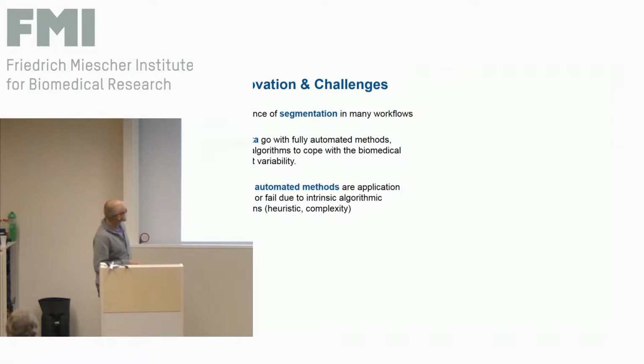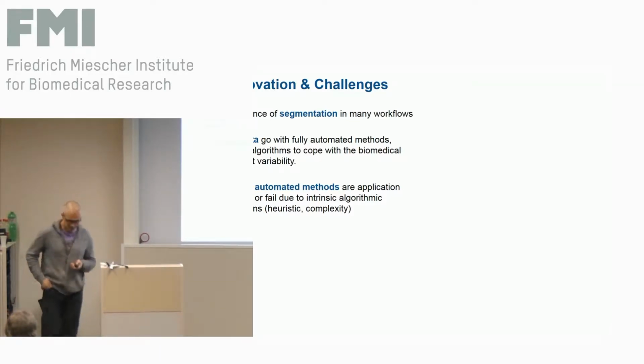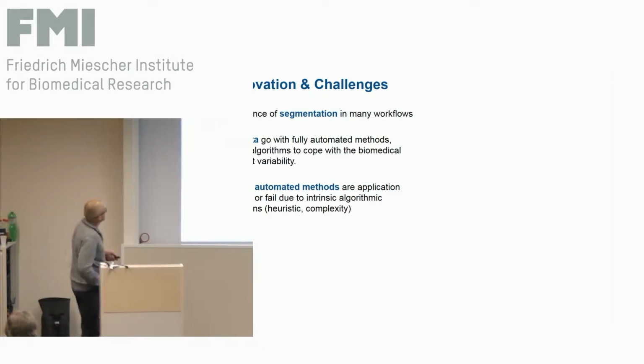If we come back to the innovations, the ideas that brought us to review a little bit the workflows we had so far for image segmentation, I would say that three of the main reasons could be devised as the fact that we have a prevalence of segmentation in many of the workflows.